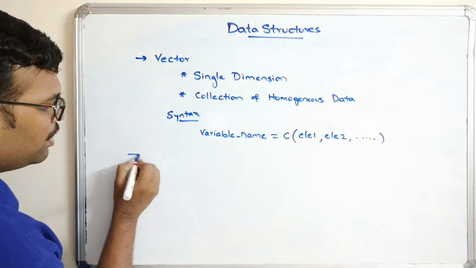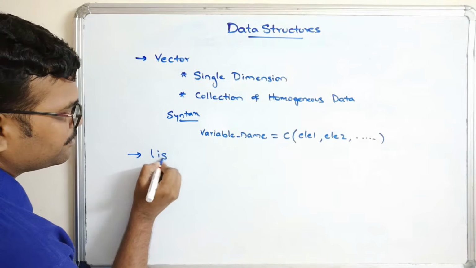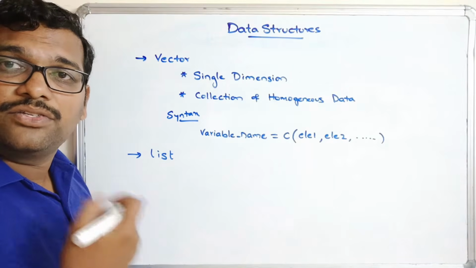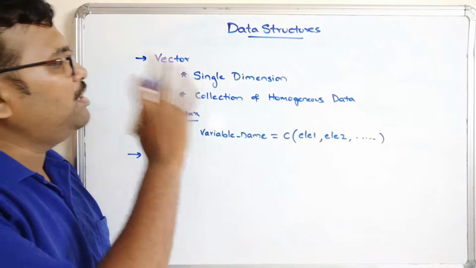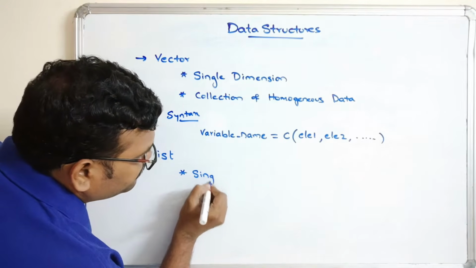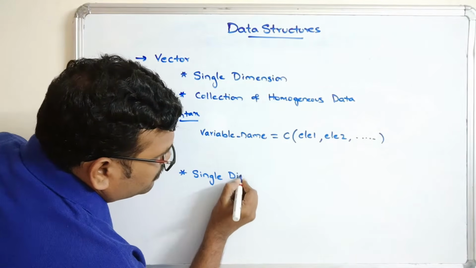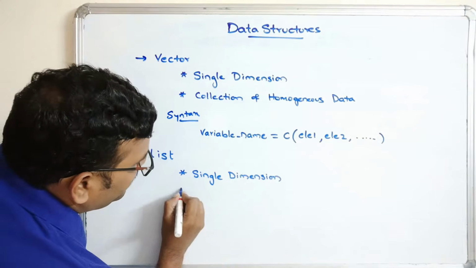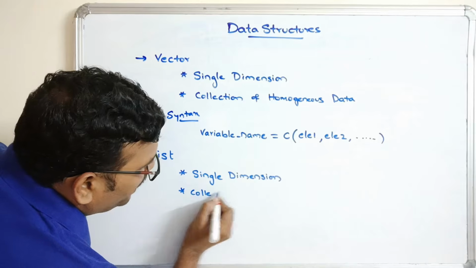And the second one is a list. The list data structure is also similar to the vector, and it is also a single dimension, but it is a collection of heterogeneous data.